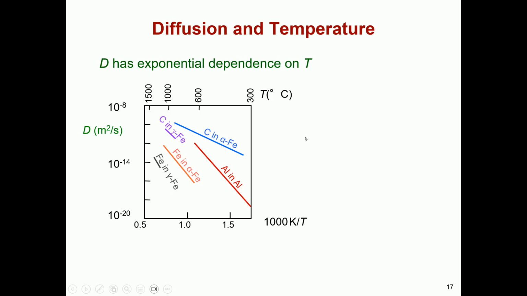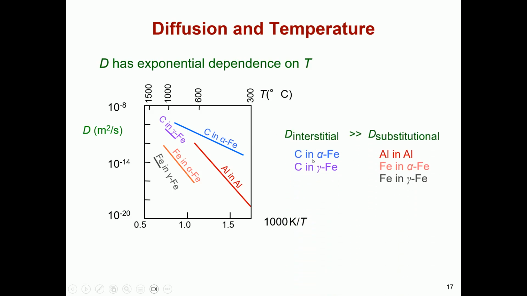from the slope. Notice that interstitial diffusion is slightly faster than substitutional diffusion. Interstitial examples are carbon in alpha iron and carbon in gamma iron. Substitutional cases are aluminum in aluminum, which is actually self-diffusion, and iron in alpha iron, which is also self-diffusion.